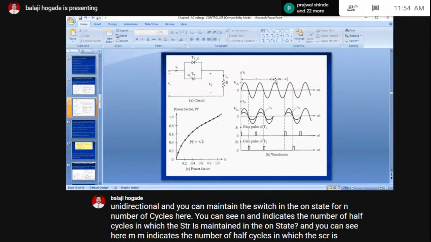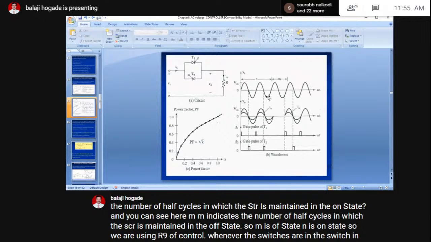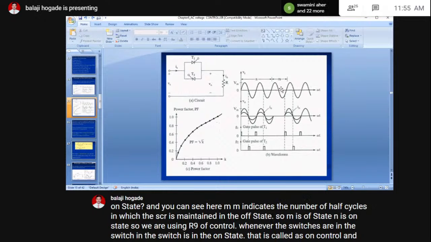So M is off state, N is on state. So we are using on and off control. Whenever the switch is in the on state, that is called as on control, and when the switch is in the off state, it is called as off control, on off control.